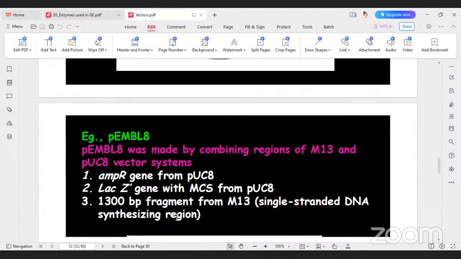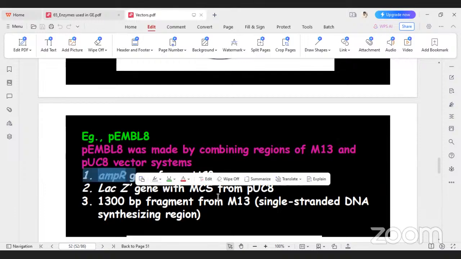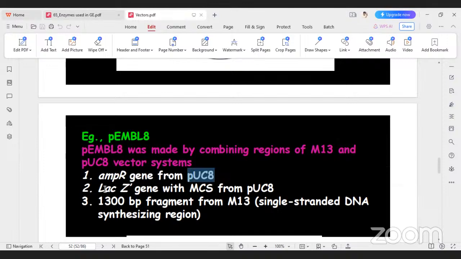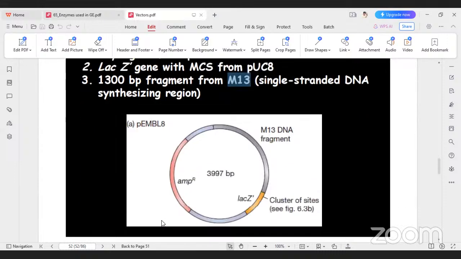This was made by combining regions of M13 and the pUC8 plasmid vector. Here the markers are AmpR and pUC8 lacZ genes with the MCS from the pUC. Here also the lacZ gene plays an important role. Here a 1300 base pair fragment from M13 single-stranded DNA synthesizing region.